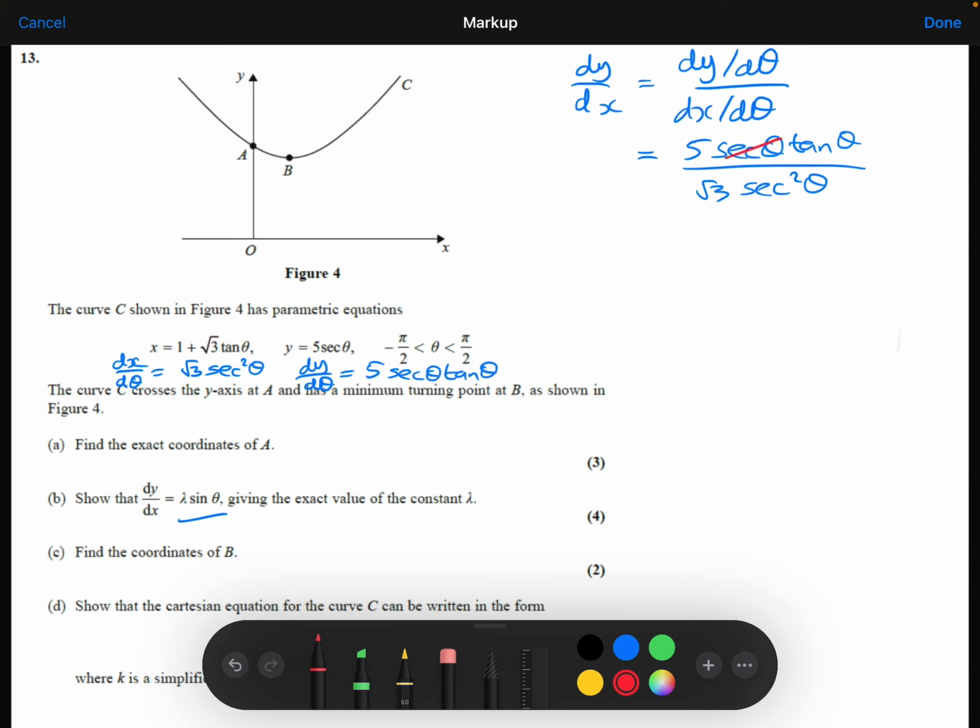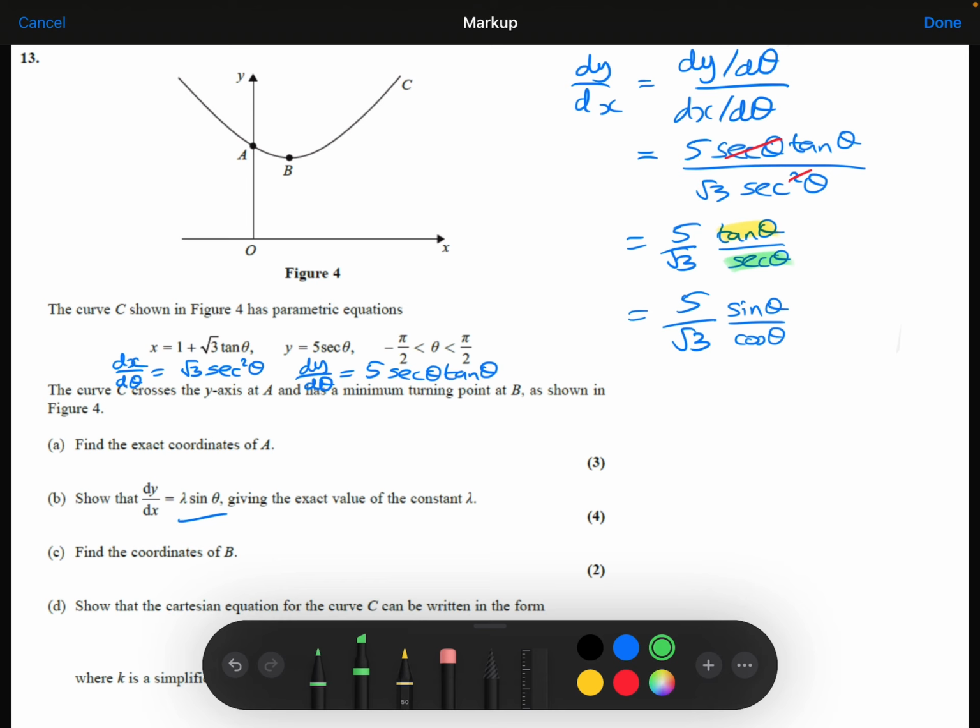Well, we can see that the sec thetas are going to cancel out. So let's do that to begin with. So that's going to leave us with tan theta over sec theta. Now, the tan theta, I know that's the same thing as sine theta over cos theta. Then I'm dividing by sec theta here.